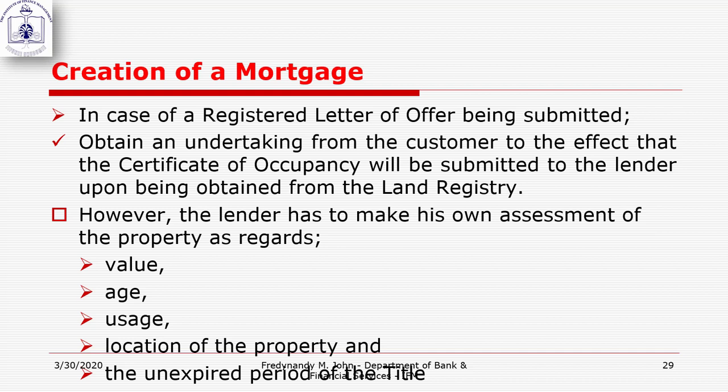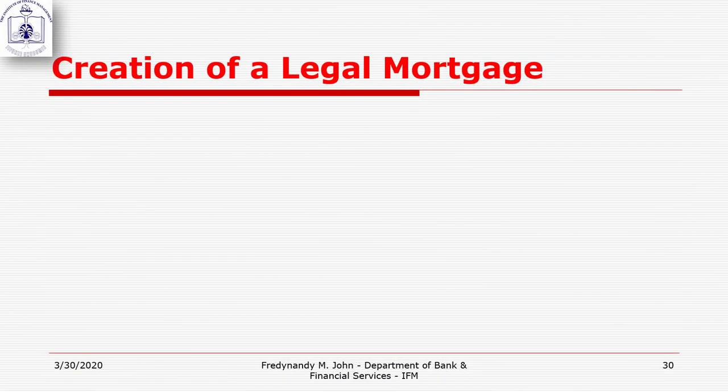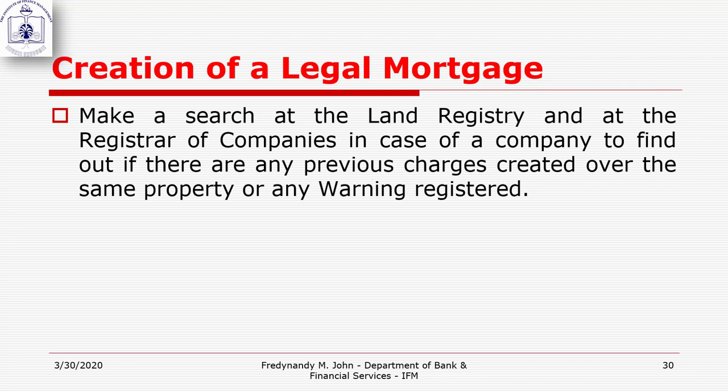But what if it was issued in 1994? So if it was issued in 1994, it means right now it has 26 years. Now let's say that the borrower wants a mortgage of 10 years and the certificate of occupancy has a duration of 30 years. It means there are only 4 years left before it could expire. That is to say, now that title is not good because the certificate of occupancy will expire in the period of 4 years. Therefore, it is very, very important to ensure that you really understand the time which has remained on that particular certificate of occupancy.